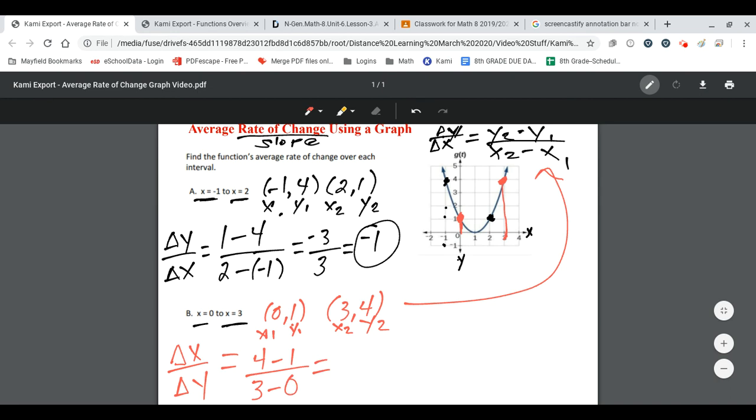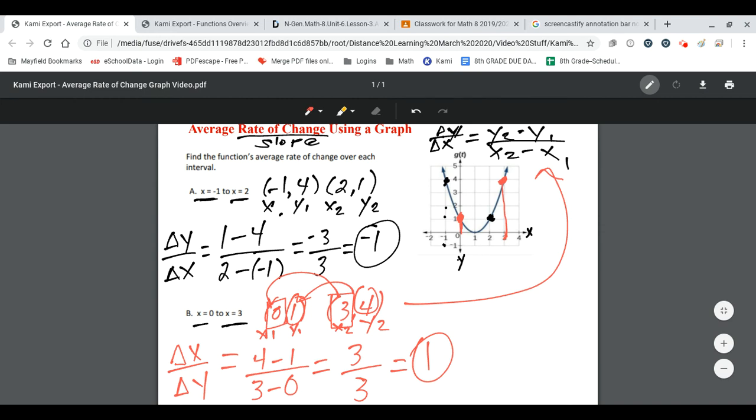Okay? So you're just kind of going back and forth. You do this minus that, and then you take 3 minus 0. So 4 minus 1 is 3. 3 minus 0 is 3. And 3 divided by 3 is 1. So my rate of change at that point is 1.